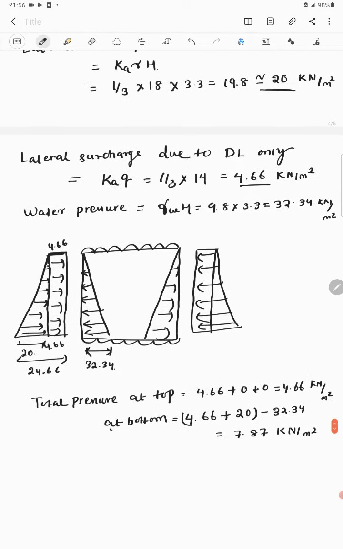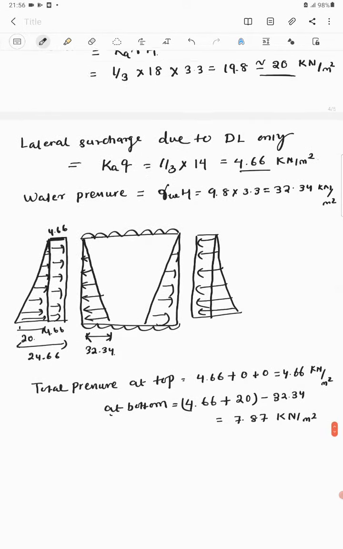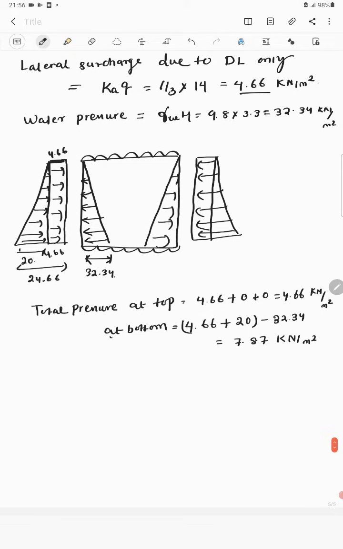Okay, that means if you draw the resultant of this, it will be at the top 4.66, 4.66 this side, and at the bottom this total is 7.